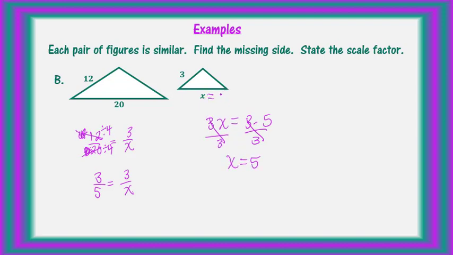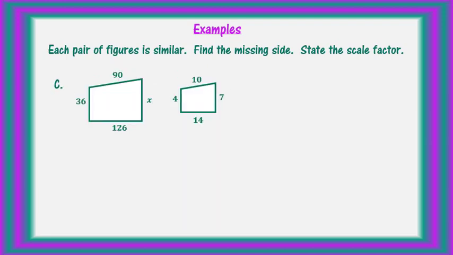The missing side is 5. Scale factor again is found by determining the number that I can multiply the measurements in the smaller figure by to get to the measurements in the larger. 5 times what will give me 24, right? 3 times 4 also gives me 12. Therefore, our scale factor here is 4.